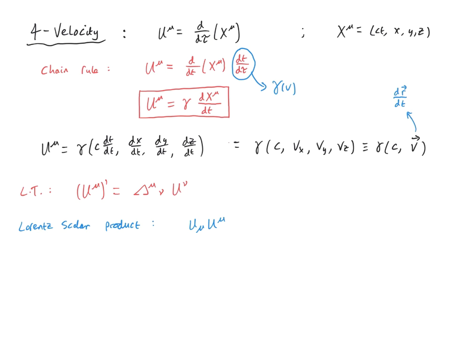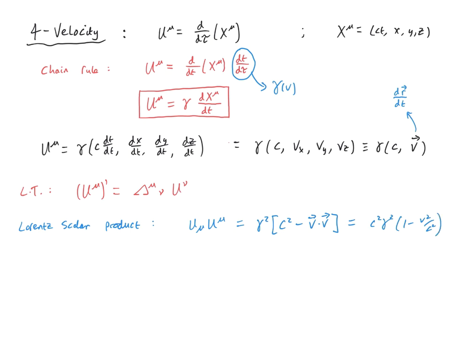I can also consider the Lorentz scalar product given by this contraction. Again, of course, the Einstein summation convention over the repeated index μ here is implied. Following the usual rules, we can multiply this out. We would find that it is equal to gamma squared into c squared minus v dot v, otherwise known as c squared gamma squared into 1 minus v squared over c squared.